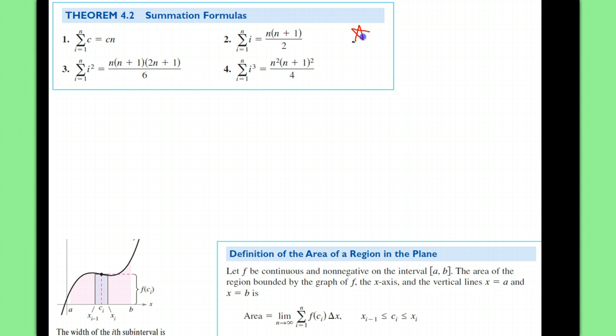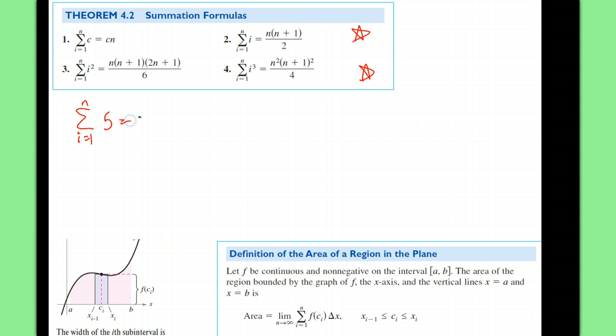First is knowing these four summation formulas. Definitely do that. So let's say I had a sum, n times, starting with i equals 1, of just some number like 5.